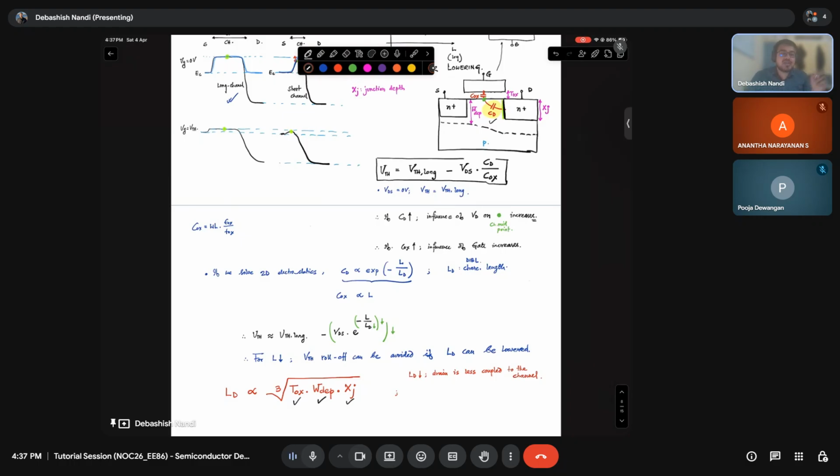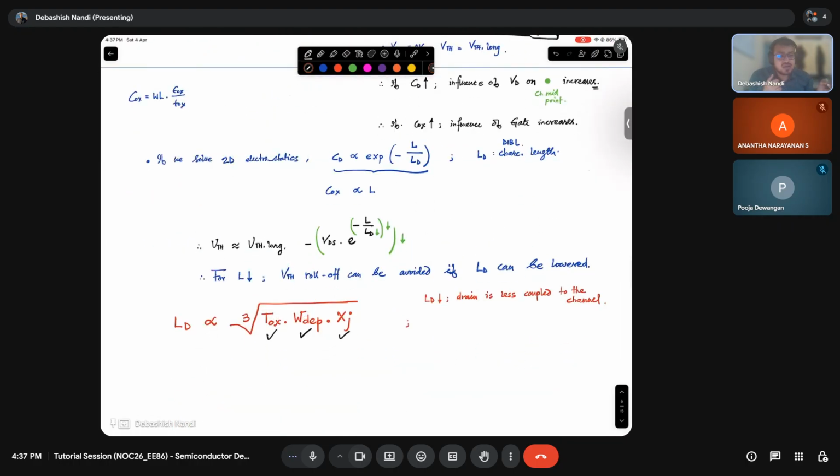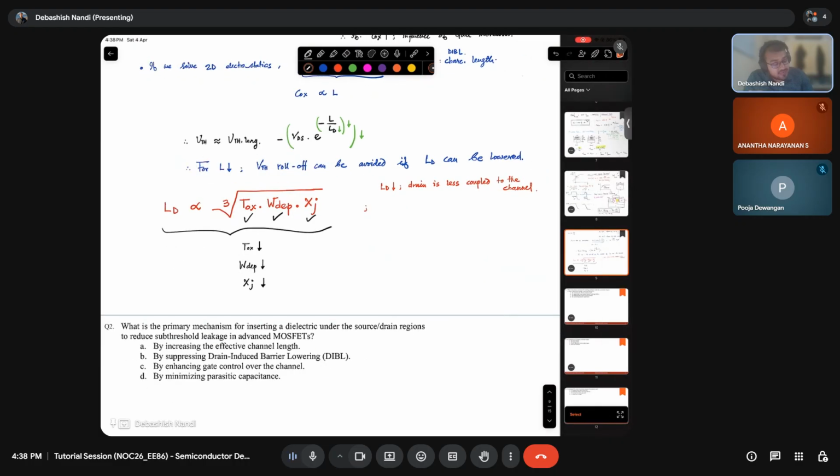So how the device designers go about designing devices and following Moore's law is this. You have to reduce Tox, you have to reduce W depth, you have to reduce XJ. So what are the consequences? Till how much can you reduce? What will happen if you keep reducing Tox?